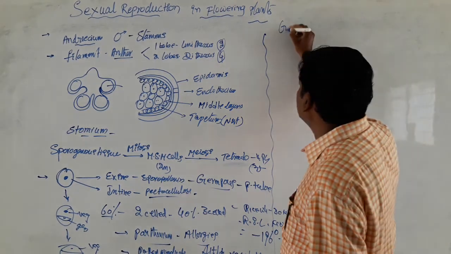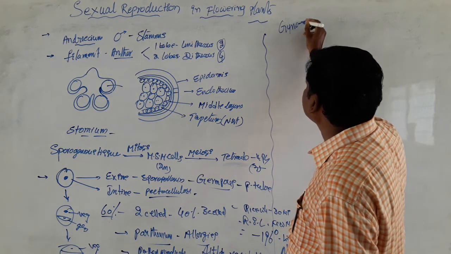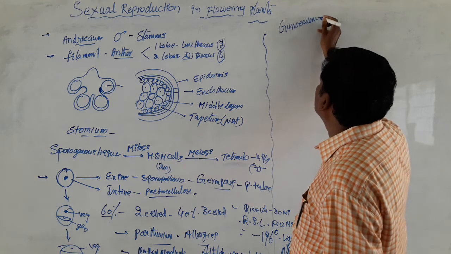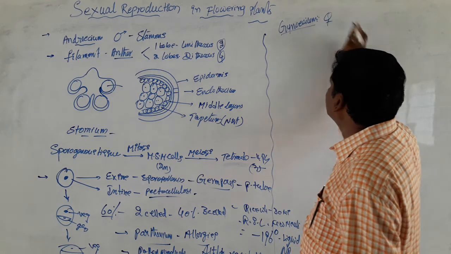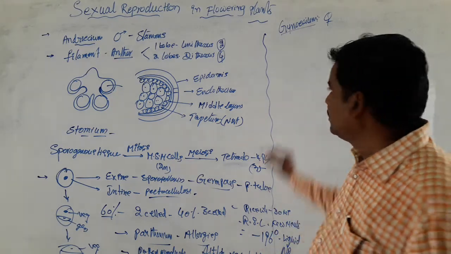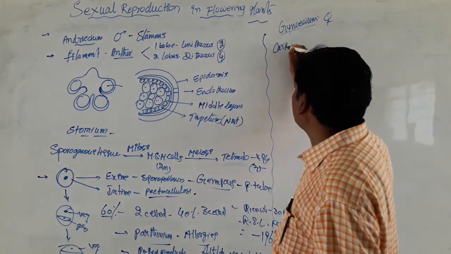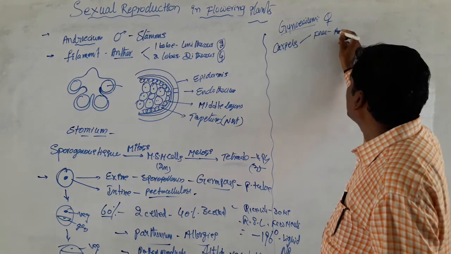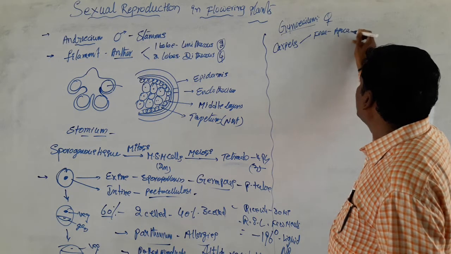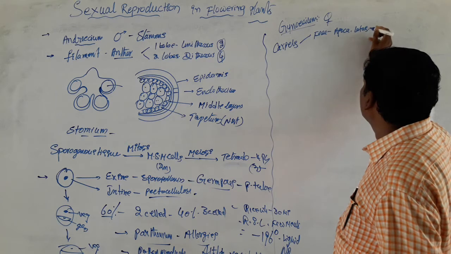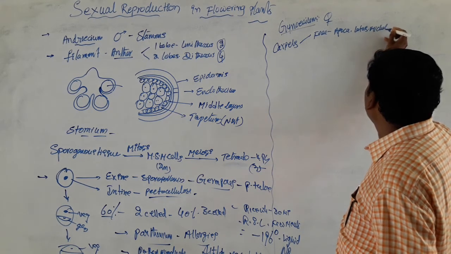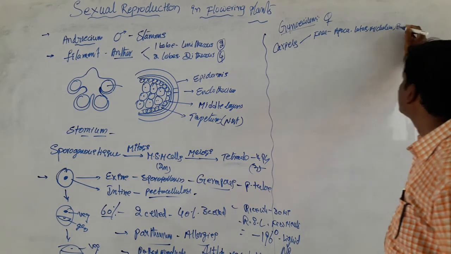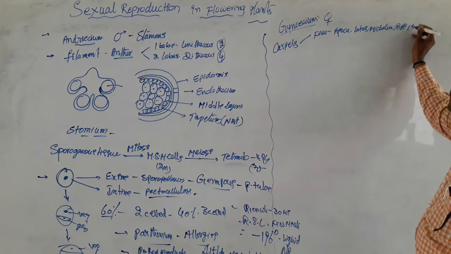Now, coming to the gynoecium. This gynoecium is considered the female sexual organ, represented by some carpels, which may be free, that is apocarpous. Examples: lotus, Michelia, rose, and Annona.